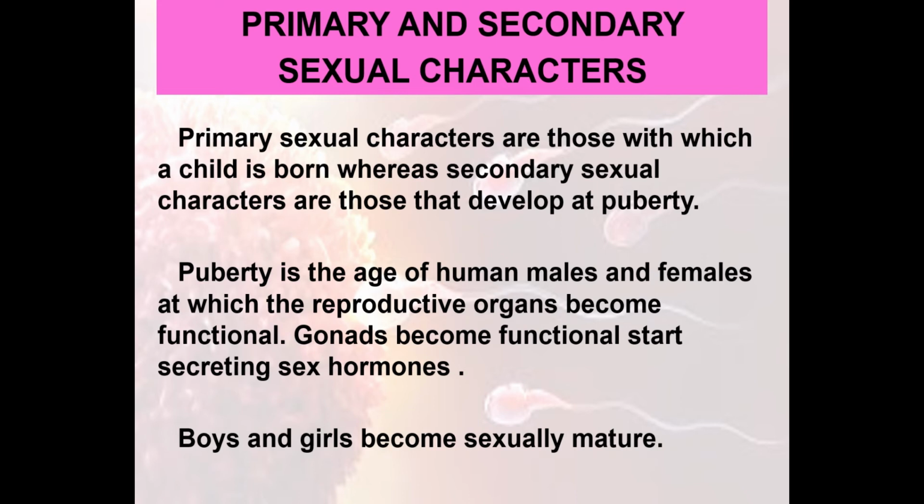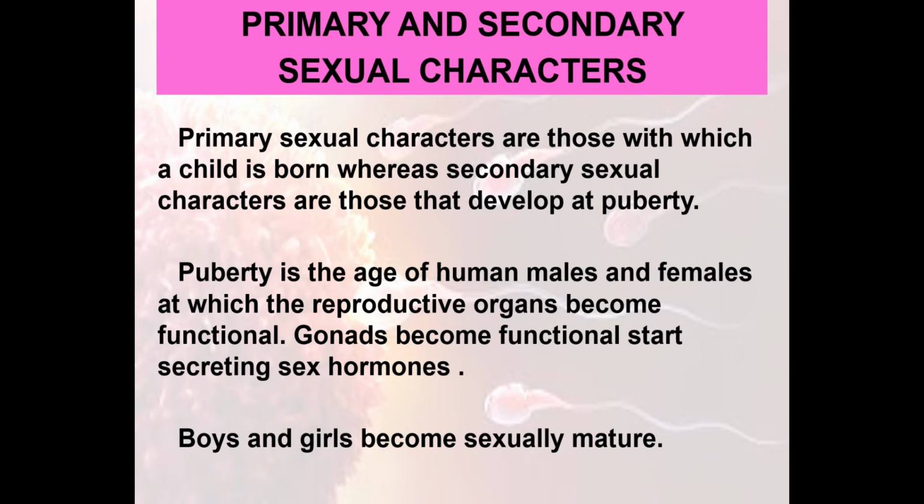Similarly, male and female both show primary as well as secondary sexual characters. Primary sexual characters are those with which a child is born, whereas secondary sexual characters develop only at the time of puberty. What is puberty?